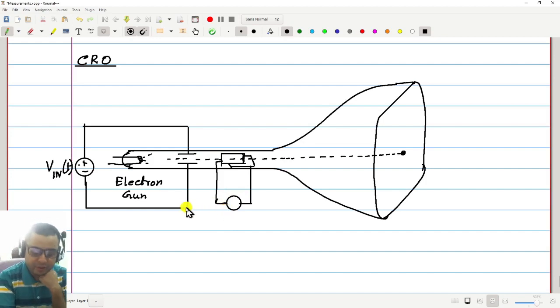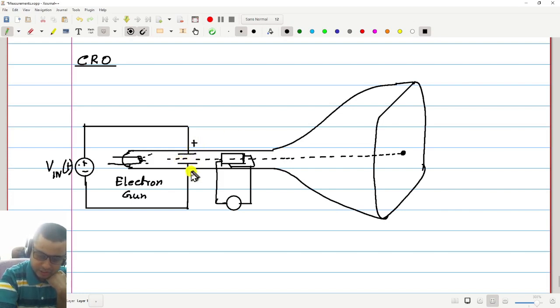Now what will happen when you apply these voltages? Suppose you apply only this vertical voltage and you do not apply anything between these two horizontal plates, then these electrons will get deflected upwards.